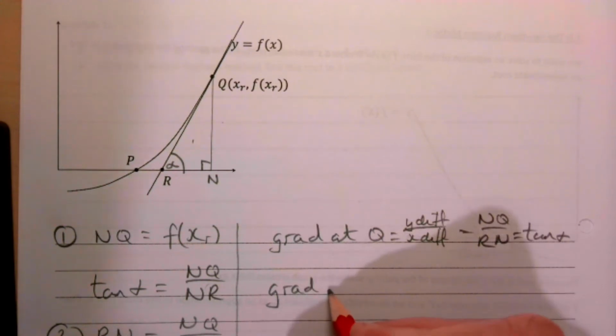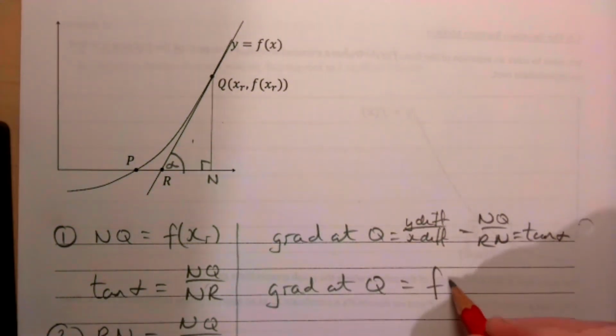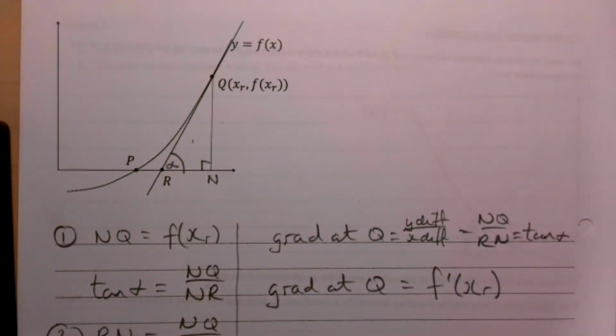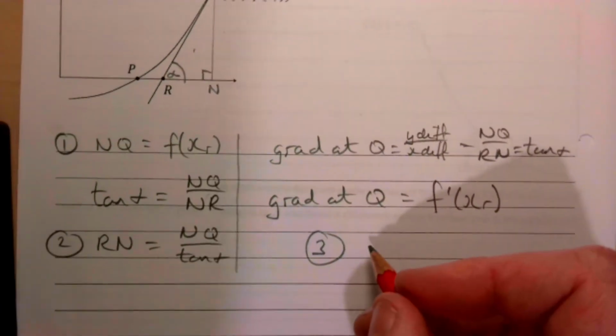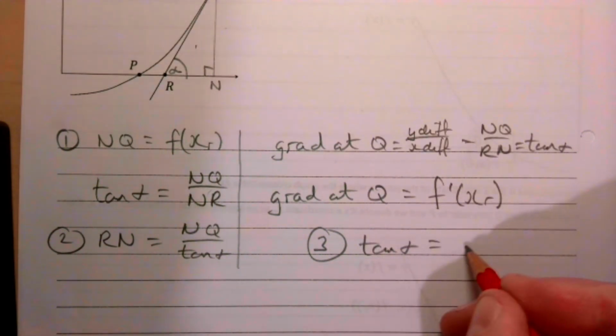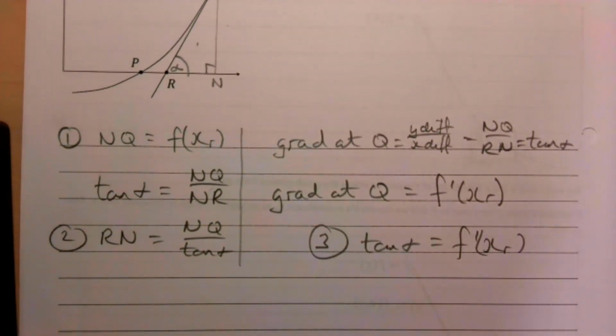Our gradient at Q is also equal to f(x) differentiated at the point x_r. So our third piece of information is tan alpha equals f dash of x_r.